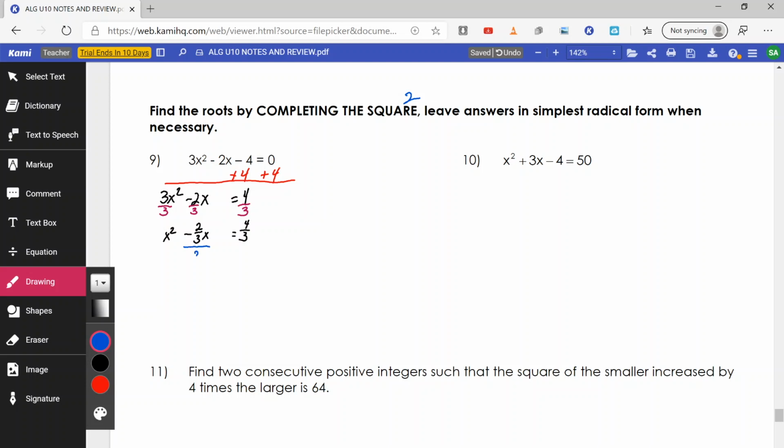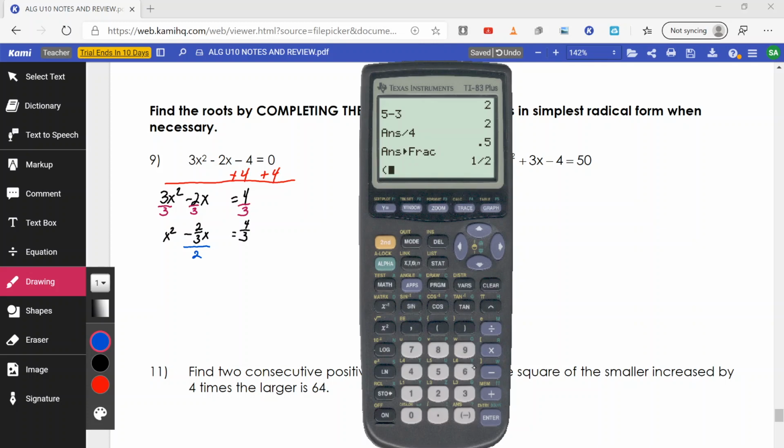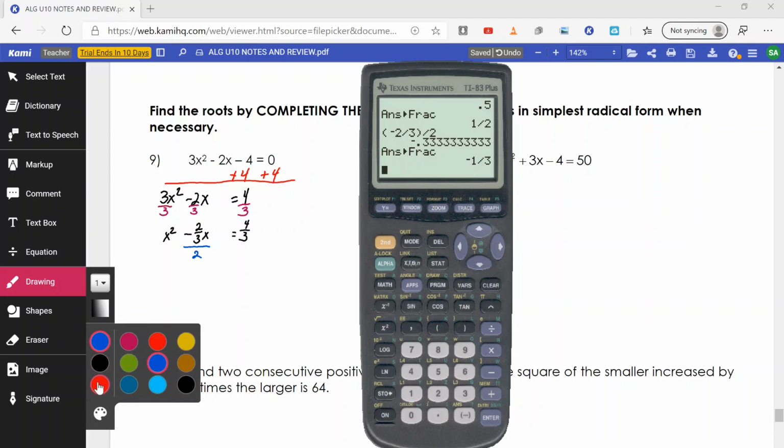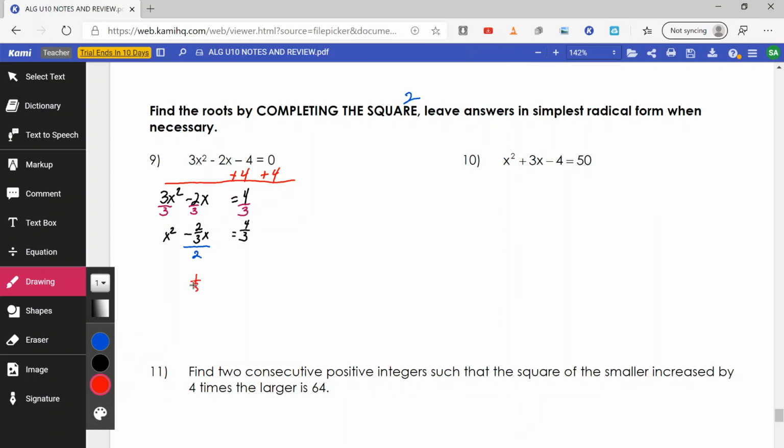So the second term is divided by 2. We have negative 2/3, and we are dividing it by 2. And we get negative 0.333, which as a fraction is negative 1/3. So we're dealing with 1/3.